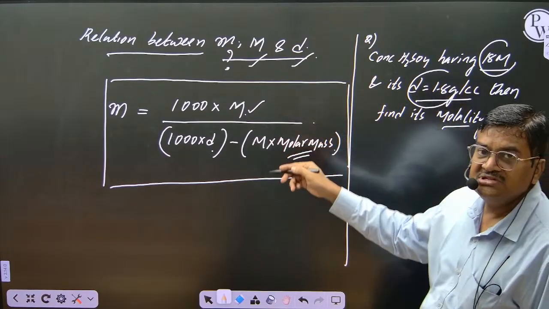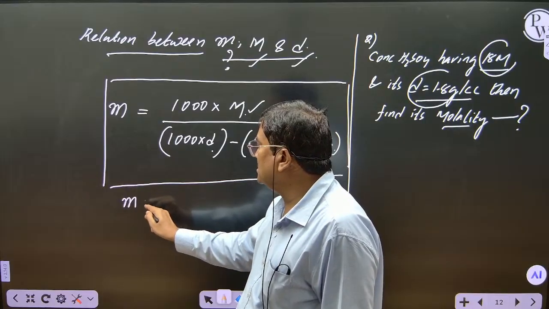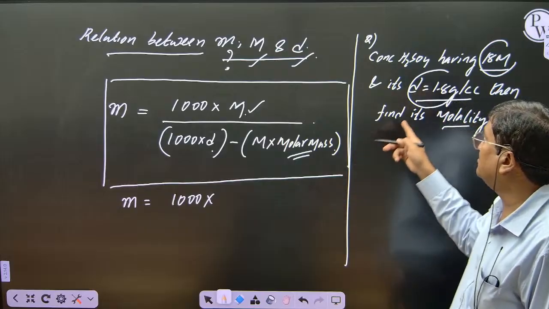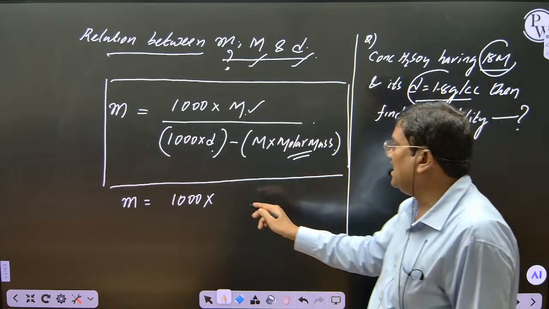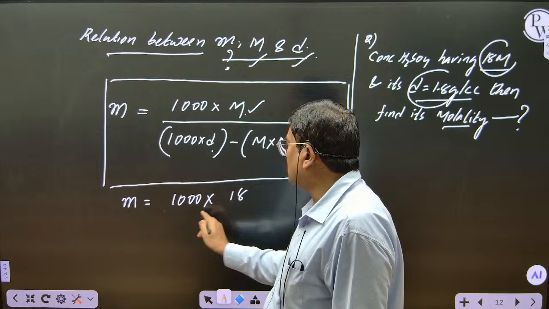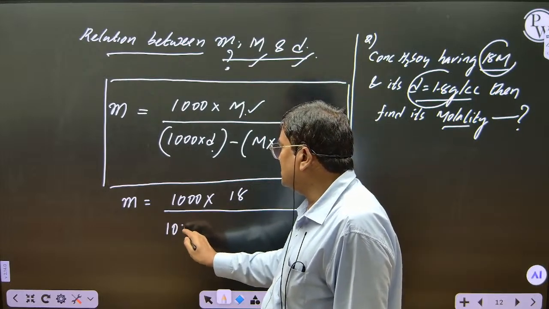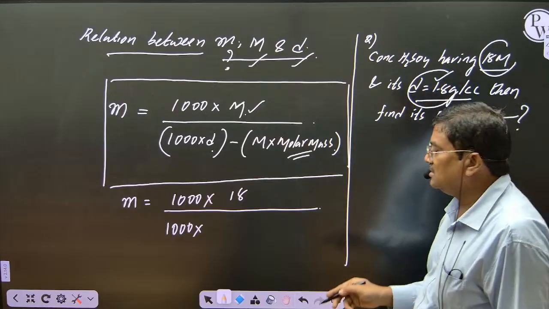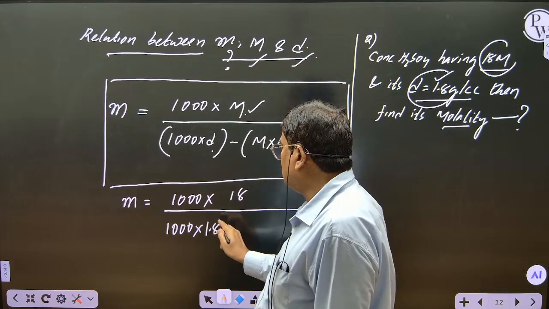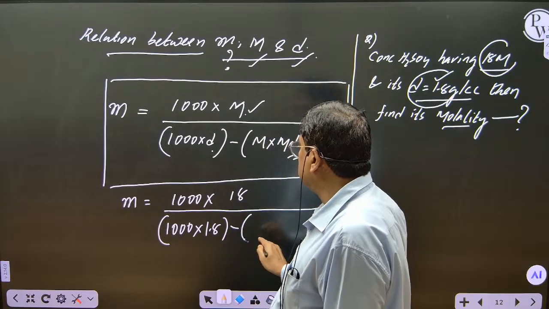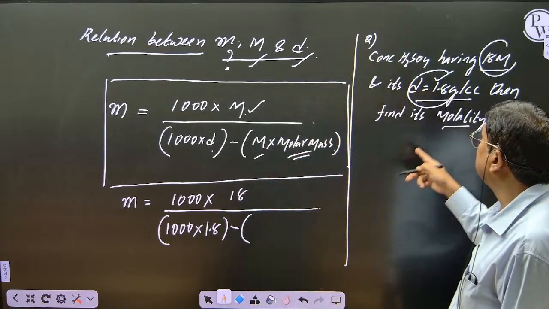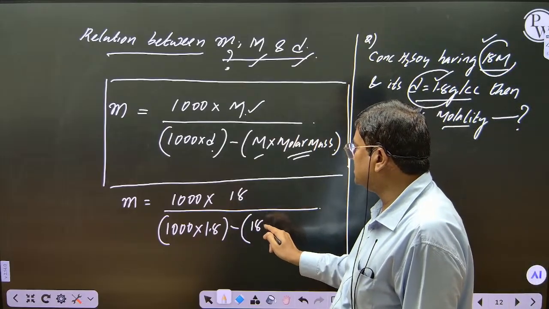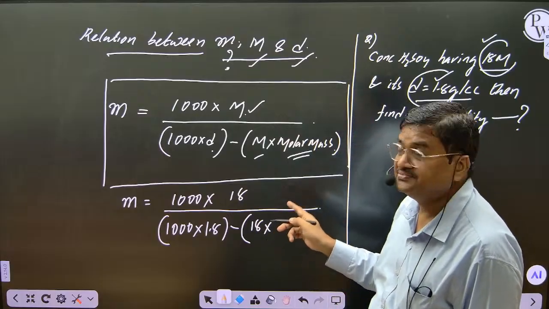Now substitute in this relation. Molality is equal to 1000 into the molarity given in the problem, 18, by 1000 into the density of the solution, 1.8, minus the molarity 18 into the molar mass of sulfuric acid.